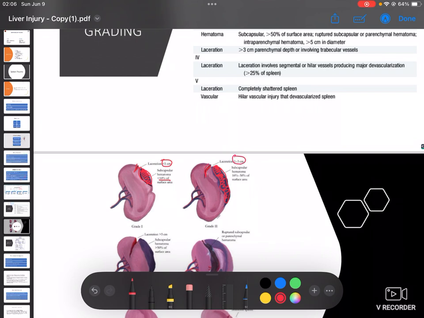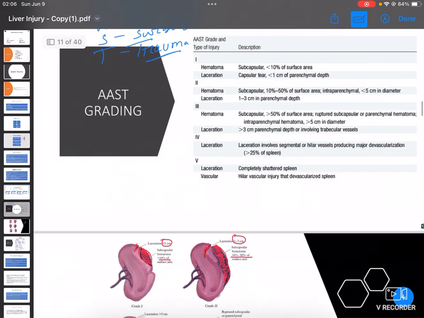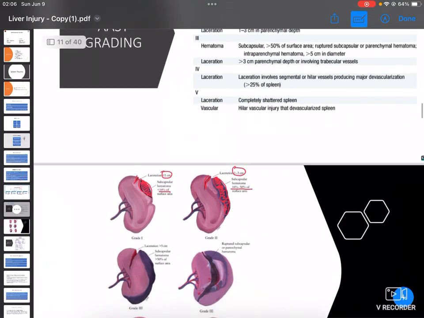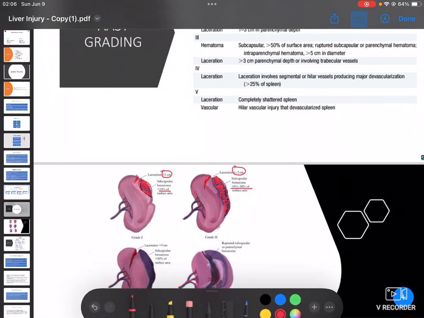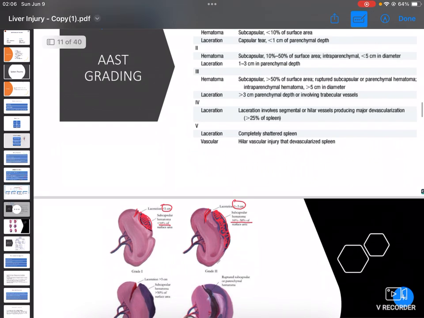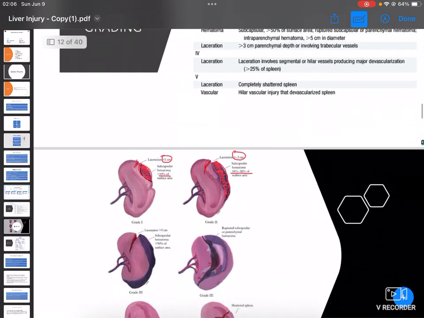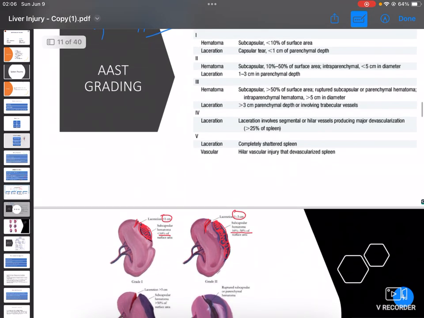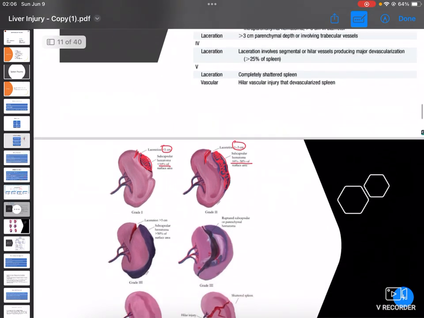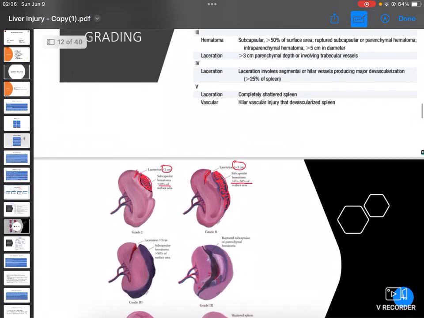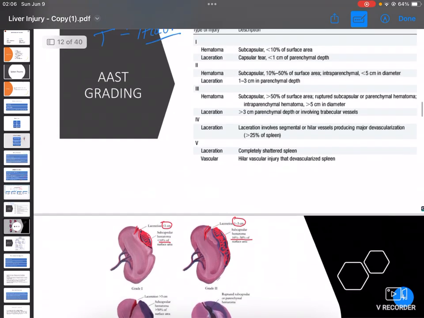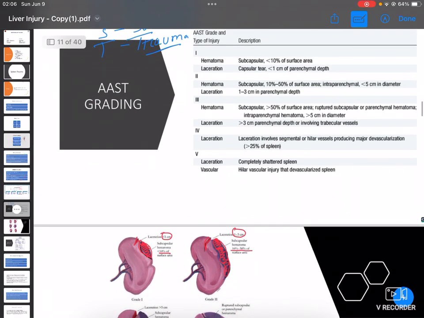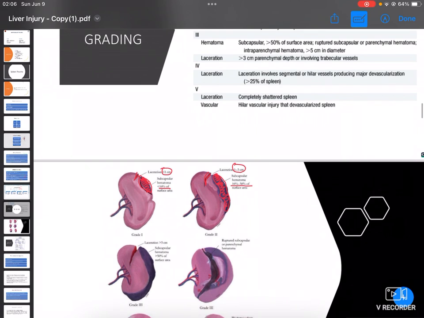Laceration 1 to 3 centimeter and 10 to 50% of the diameter. Grade 3: hematoma subcapsular, more than 50%, and there may be rupture. So more than 50% area, and there may be rupture, subcapsular or parenchymal hematoma.